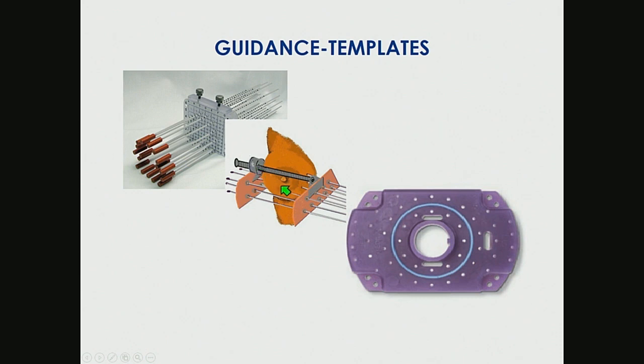In the middle is a breast bridge that's used to guide the needles for an interstitial breast treatment, and then that bridge gets removed, and the catheters or needles stay in place. On the right is a disposable Syed implant that you can see gets sewn to the perineum, and this is used for gynecological treatments. All of these are used just to make sure that the needles get placed in a proper manner within the implant.